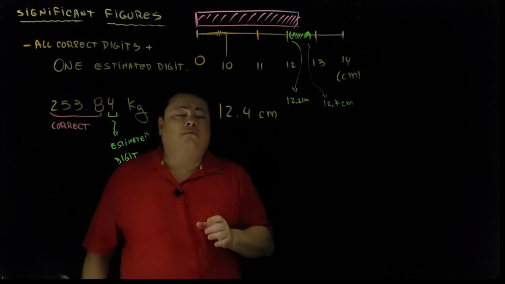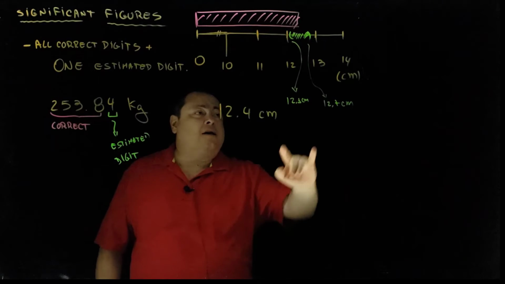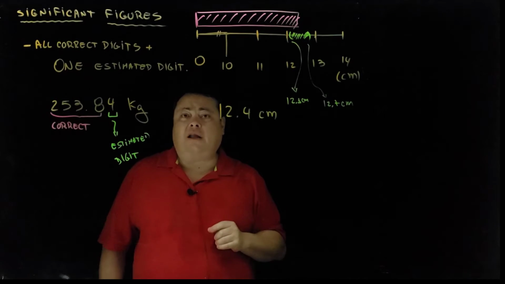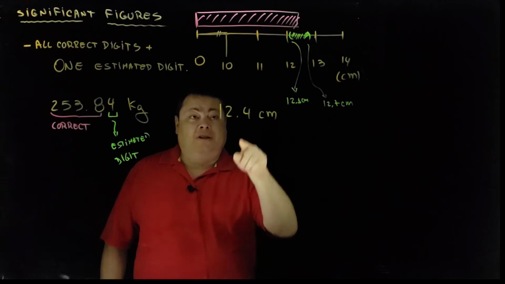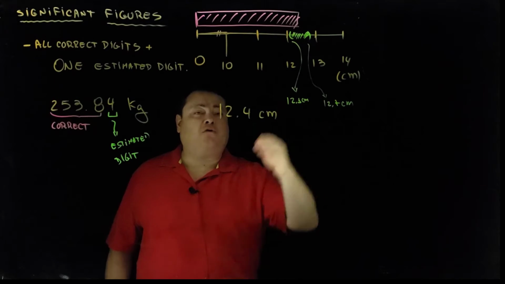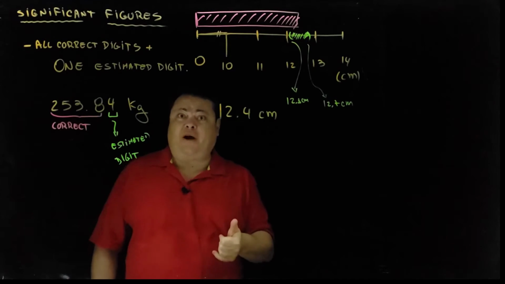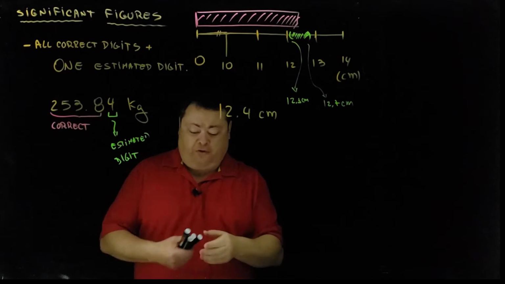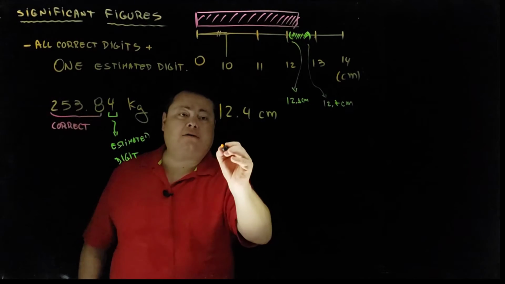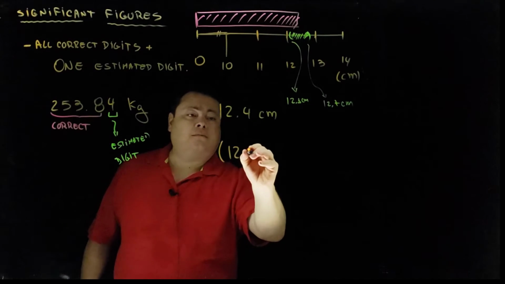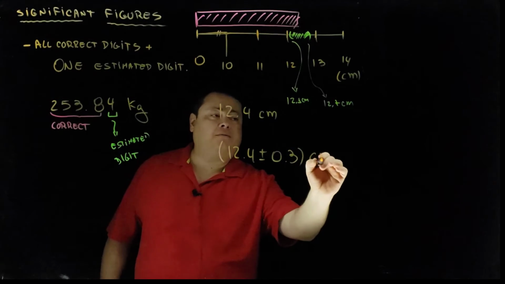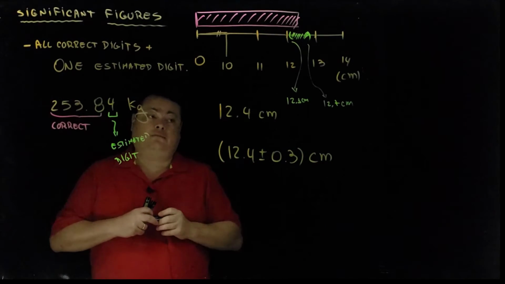So my range has a 0.6 centimeters length. I believe the best reading is 12.4, but anything between 12.1 and 12.7 is fair game, is right for me, is acceptable. And therefore, I can actually express this length as 12.4 plus or minus 0.3 centimeters.